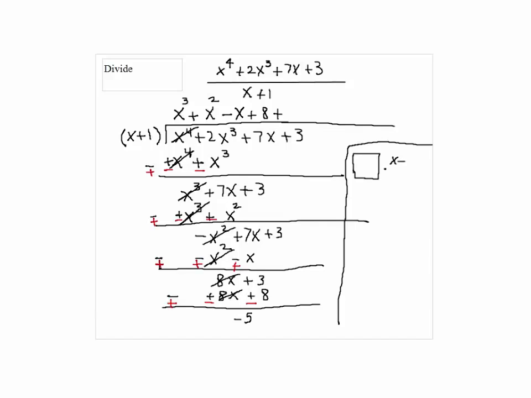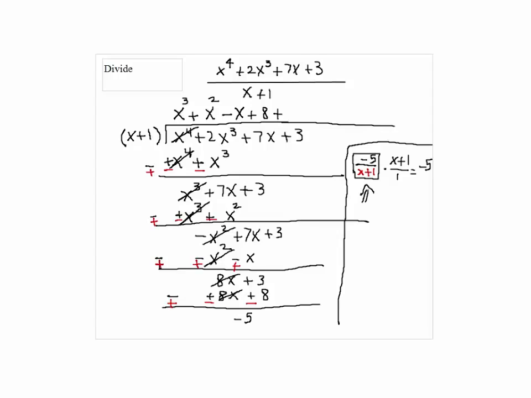When we have a remainder, we need a term here. What times x plus 1 gives you -5? That's what you have to ask yourself. And we can do this in this corner here. What we are asking ourselves here is, what times x plus 1 over 1 gives you -5?